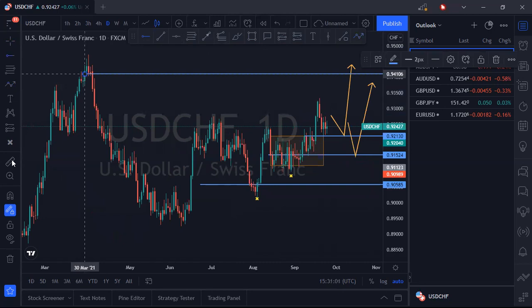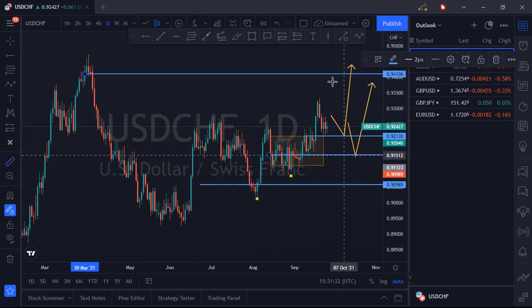That'll be my first target, which if you measure, I always like looking at my target. If I analyze a pair and the target is less than 50 pips, I'll just leave it, because it doesn't meet my plan.